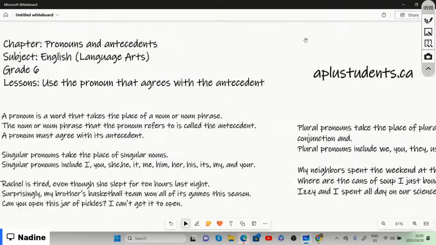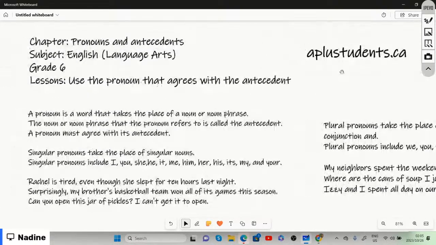We are doing our tutorial lesson on aplusstudents.ca. So if you do want to go back and recap, the chapter, subject, grade, as well as lesson are on the board at the moment, and we are working on aplusstudents.ca.